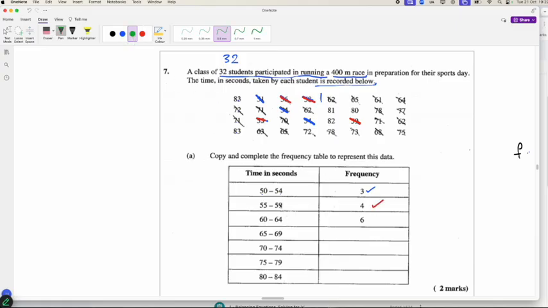All right. Between 60 and 64. 63. That is 1. 62. 1, 2, 3, 4, 5, 6. All right, 6.